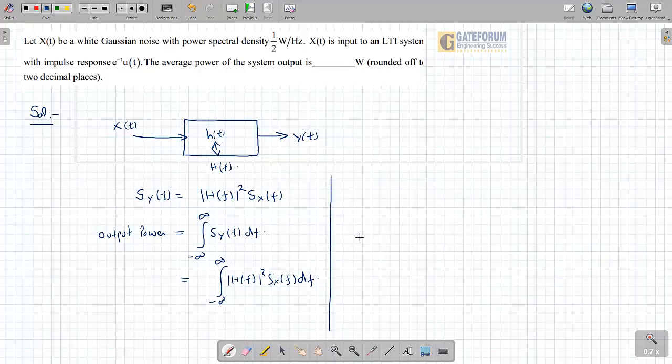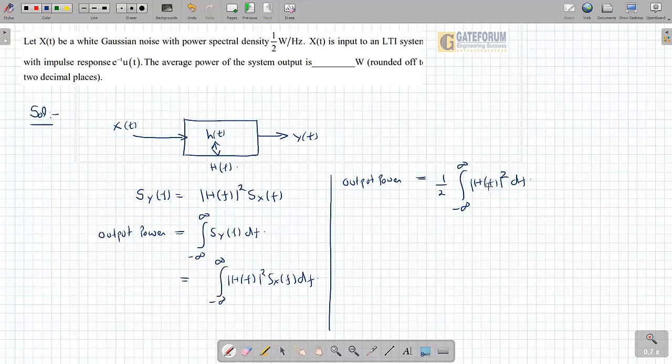So output power is nothing but the area under the power spectral density, and this is the relationship of the power spectral densities. Sx(f) is 1/2, so I can write 1/2 outside, the integral from minus infinity to infinity of |H(f)| squared df.